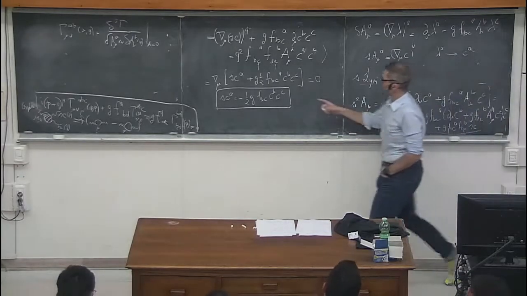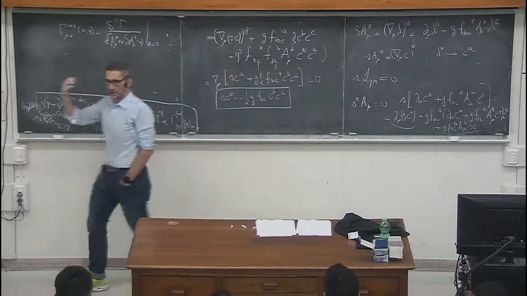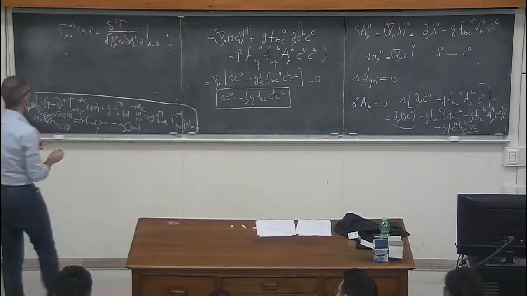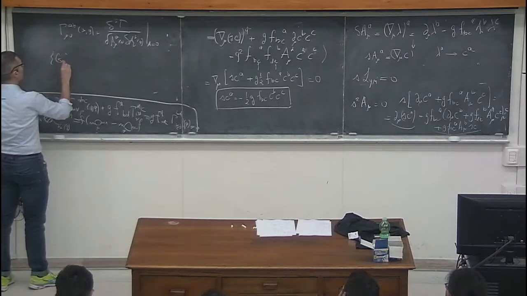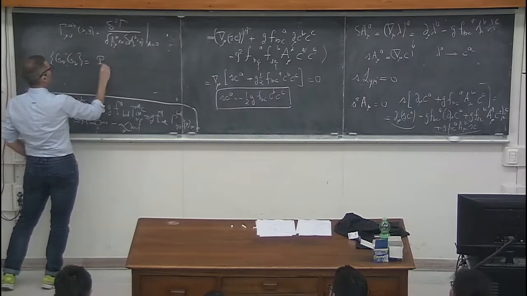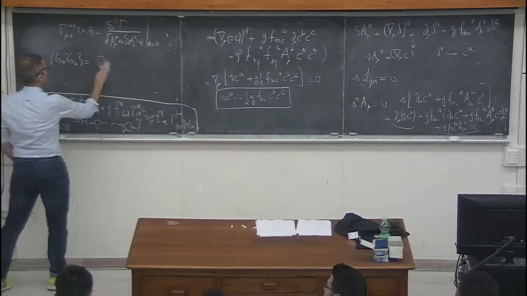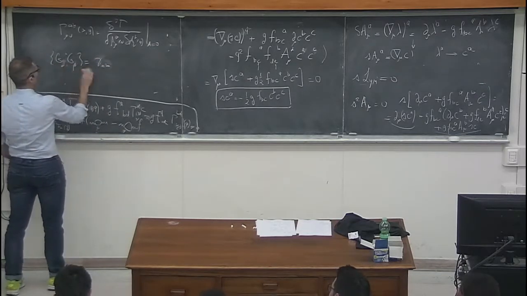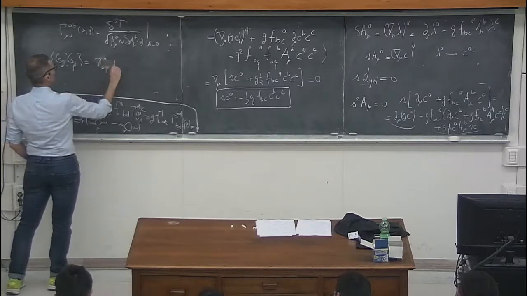Do you remember that last week Nathan Berkovits was discussing, for example, superstrings? Okay, so he was considering the supersymmetry generators, and the supersymmetry generators were satisfying some algebra, Q_alpha Q_beta is equal to some operator P_a. I don't remember now, well, it was like some gamma^a_alpha beta P_a, okay?